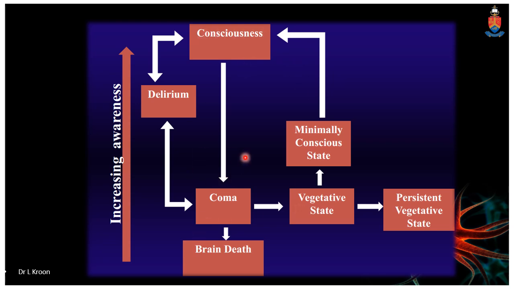The final pathways in this process are progressing from coma to brain death, or from coma to the vegetative, to the persistent vegetative, or even the permanent vegetative state. So these are all end stages of consciousness. As we go from coma to delirium to minimally conscious states, we have an increasing amount of awareness.